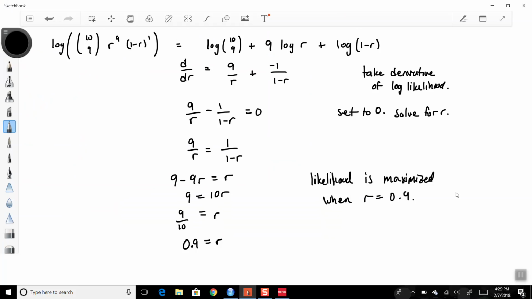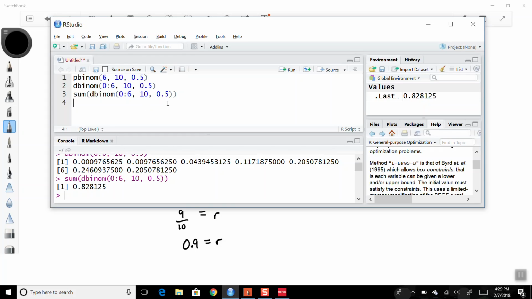Okay, and then I can illustrate this in R as well. So I'm going to just come over here. So over here, this was kind of our thing, and we could have asked, all right, what's the... So here I've got basically my function, I'll call it f, or L, my likelihood function.